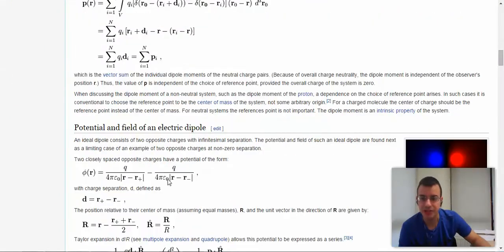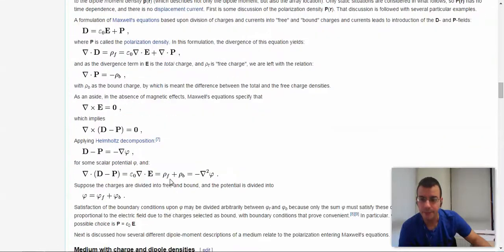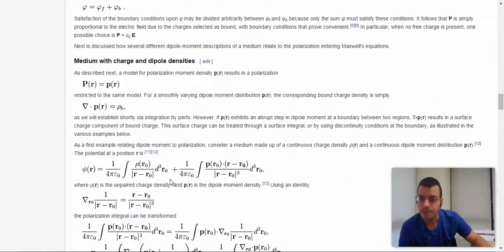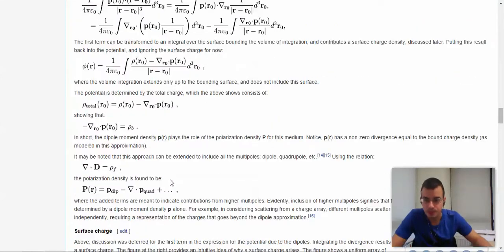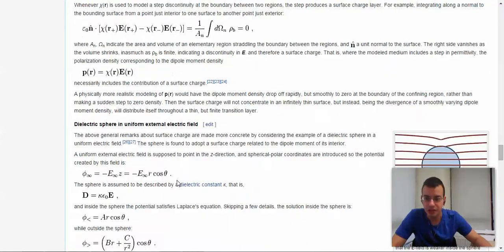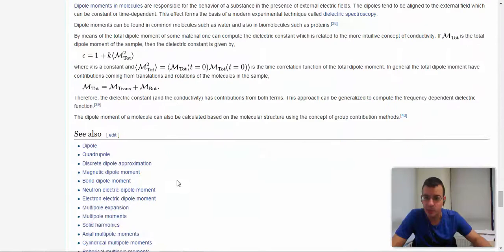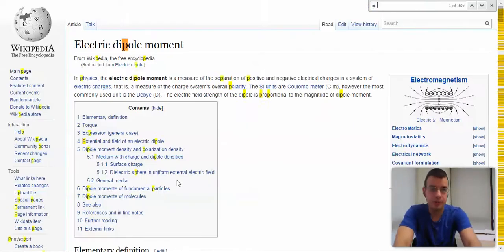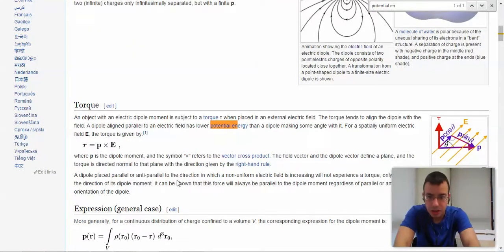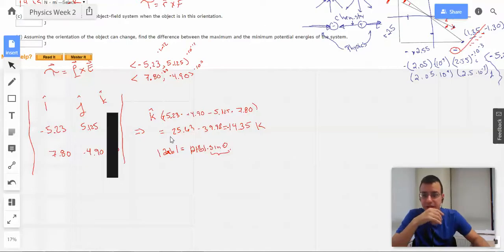And let's find potential energy. Pretty sure it's a dot product. Maybe if I just do a Control F, potential energy. It's not what I wanted. Not what I wanted. Well, I'm just going to give you this one and say it is.